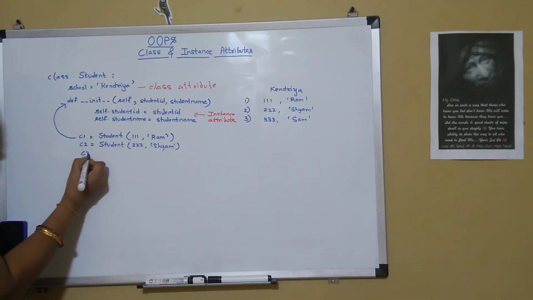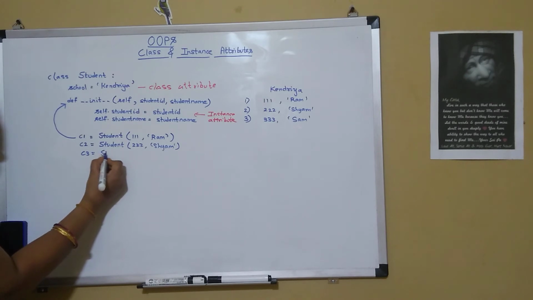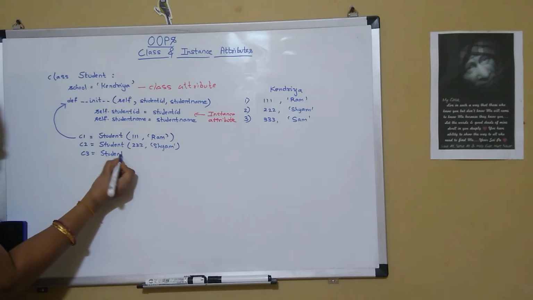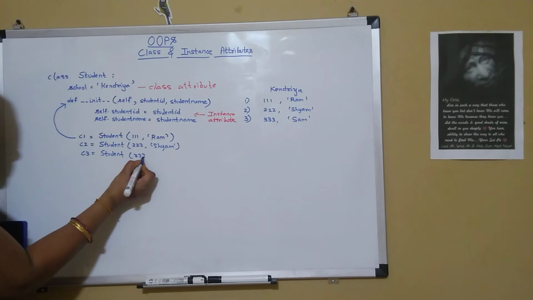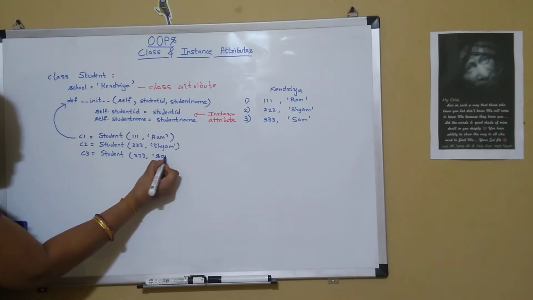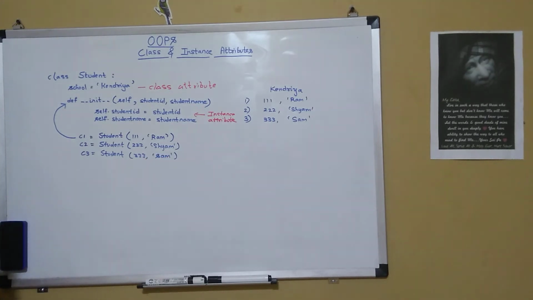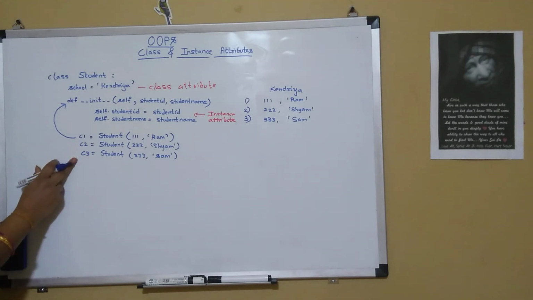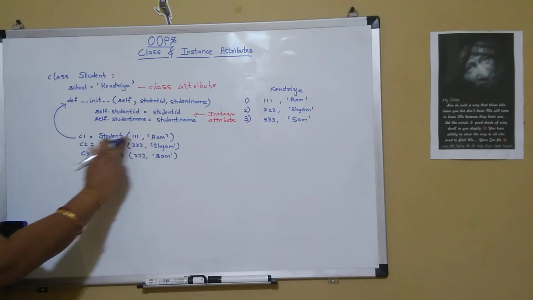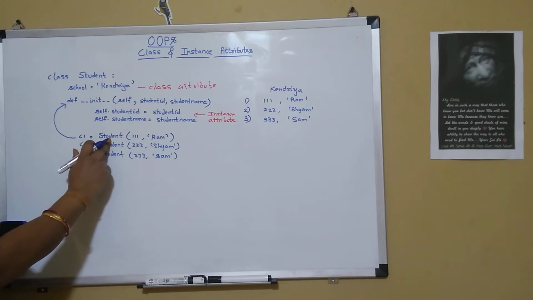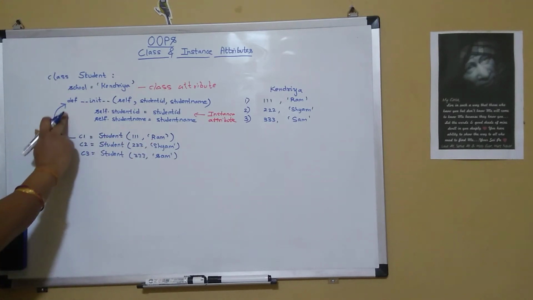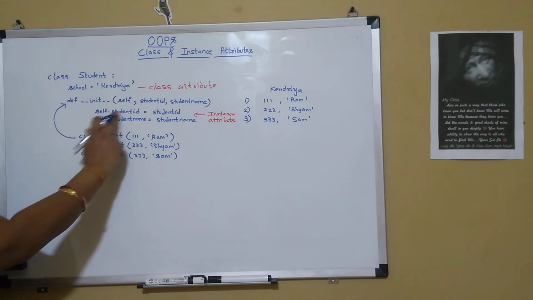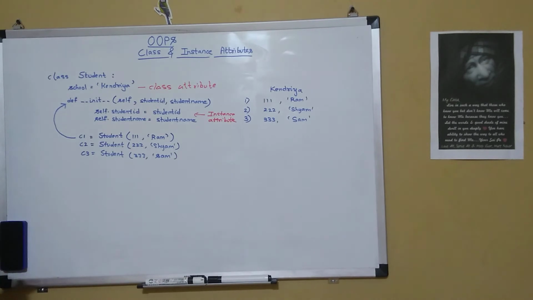C3 is another student object, student 333 and then Sam. So here C1, C2, C3 are the objects, and we are passing parameters to these particular objects of the student class. The init method gets called and it assigns values to these data variables.